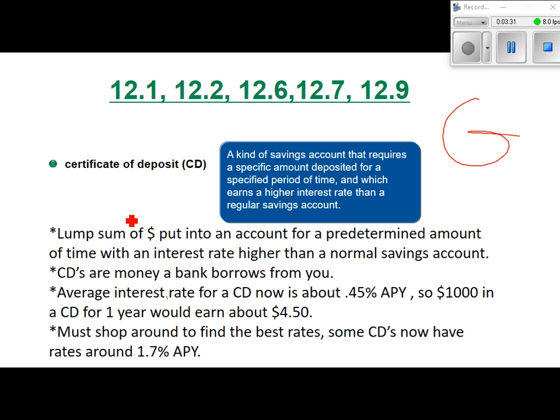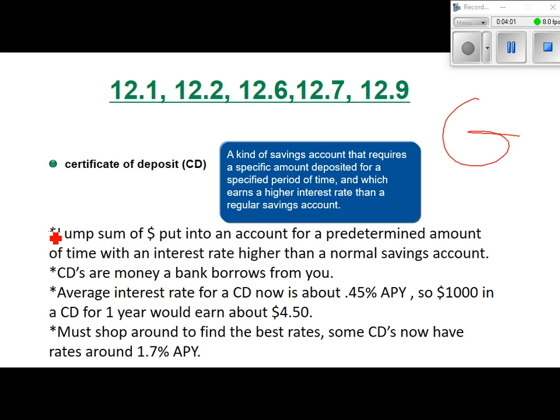And it earns a higher interest rate than just a regular savings account because they're locking up your money, so it's held in there for that amount of time, whether it's a year, 5 years, 10 years, whatever. And they're going to pay you a higher interest rate than they would just pay on a savings account. Again, it's a lump sum of money put into an account for a predetermined amount of time with an interest rate that's higher than a normal savings account.